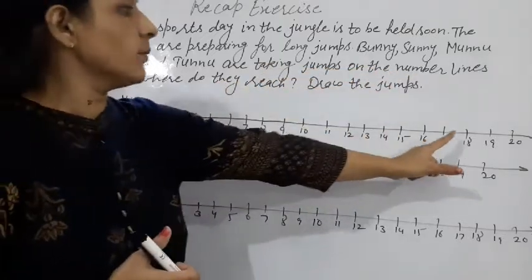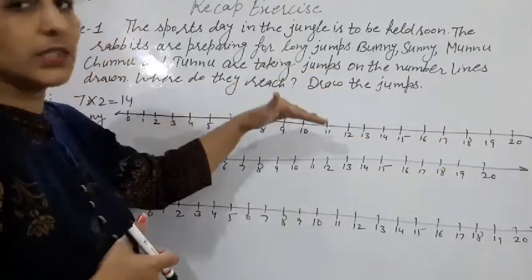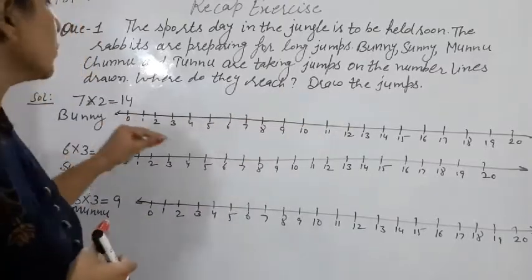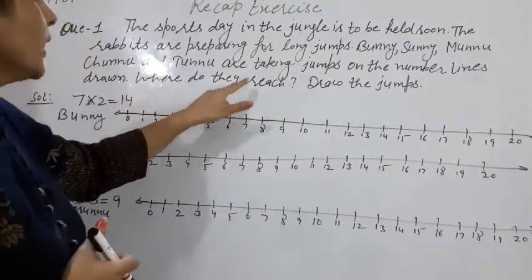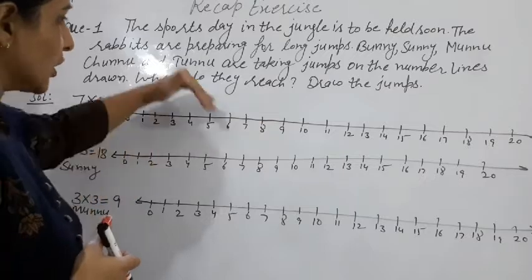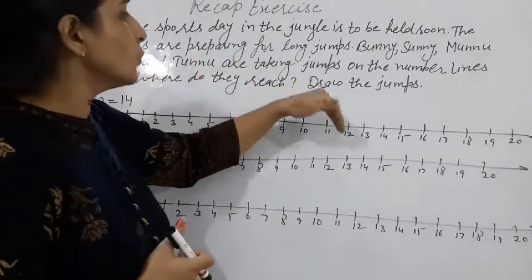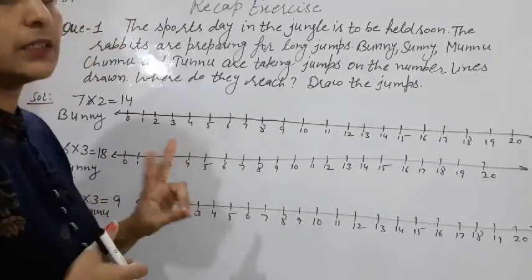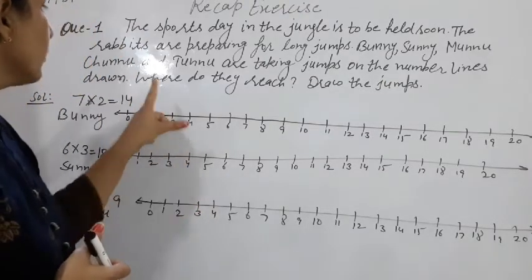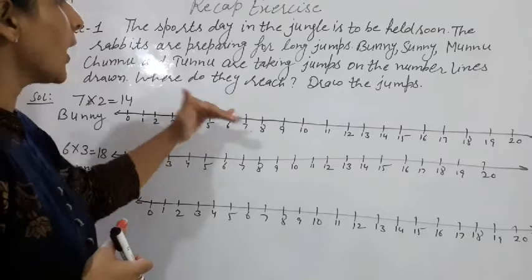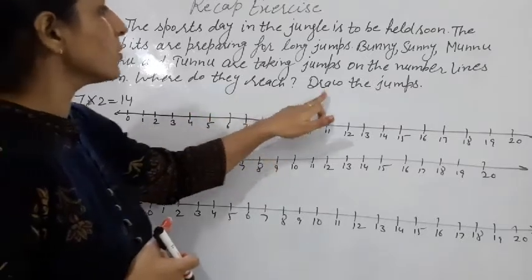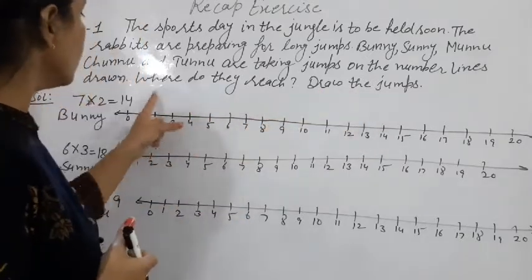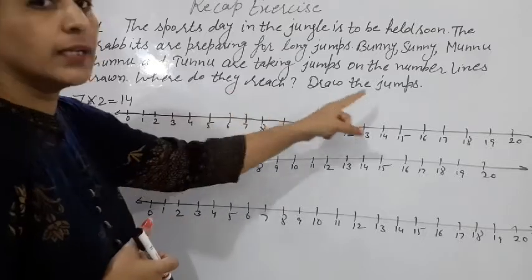This is the number line. They are jumping on this number line. Now the question is, where do they reach? When they jump, where do they reach? Draw the jumps. Clear? We tell two answers here. Where do they reach? And the next one is draw the jumps. You draw their jumps on this number line.